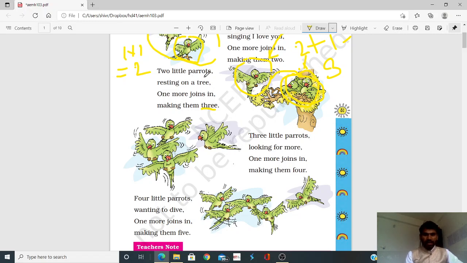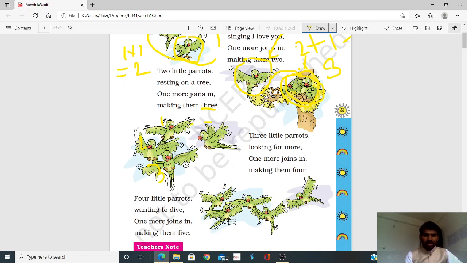Two little parrots resting on a tree, I have read already. Now three little parrots looking for more. These three parrots, one, two, and three, are looking for more.